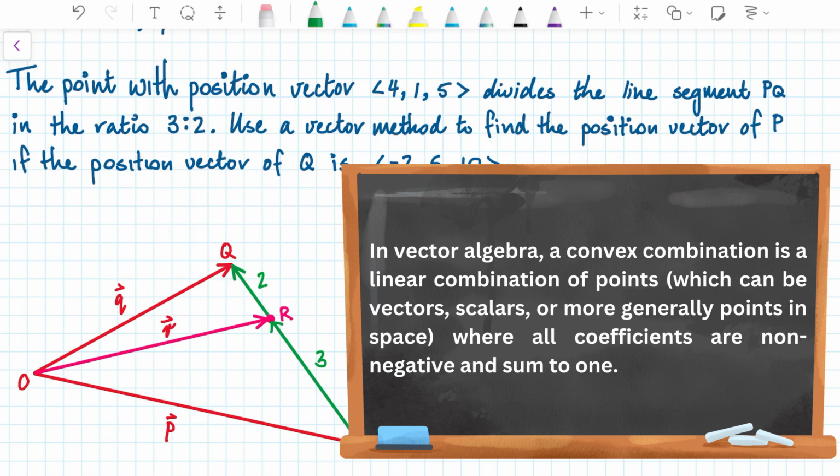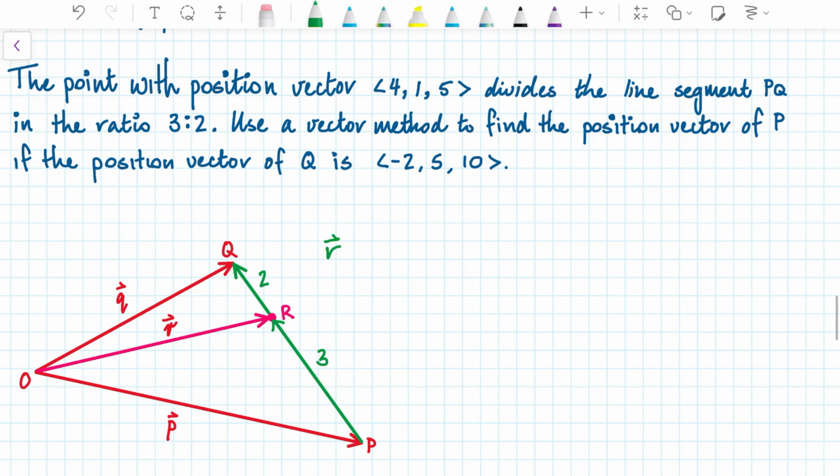What I mean by this, guys, is that I can write this vector R as a combination of the vectors P and Q, with the weightings on each vector summing to 1, and each of the coefficients being strictly greater than 0.